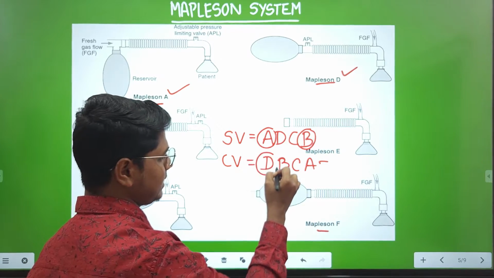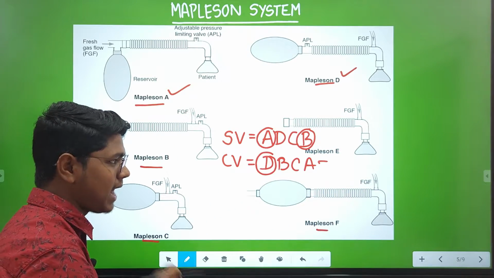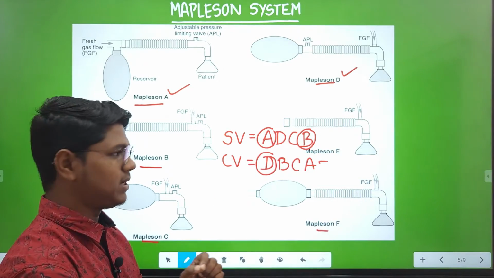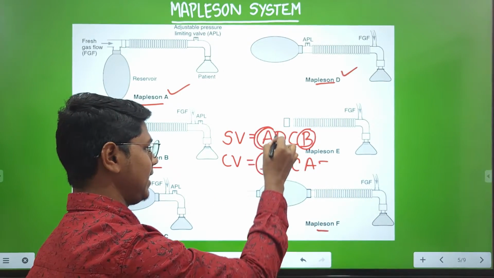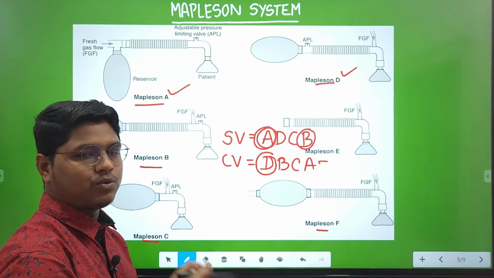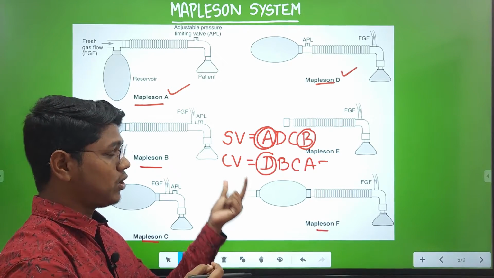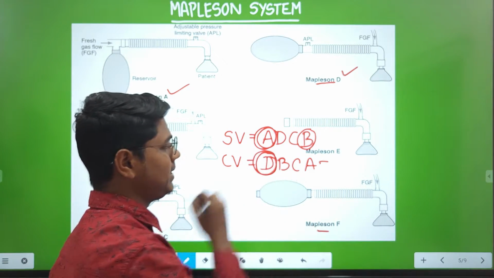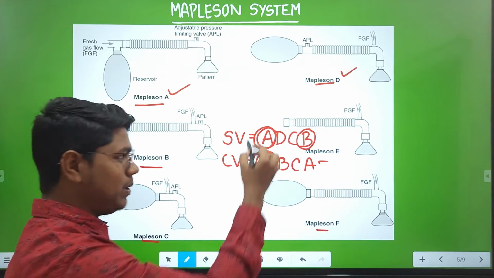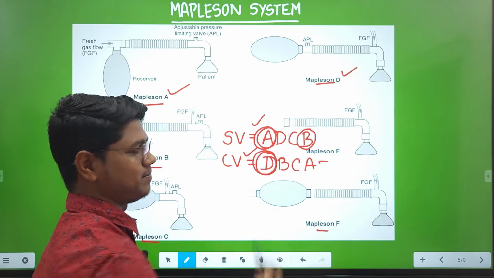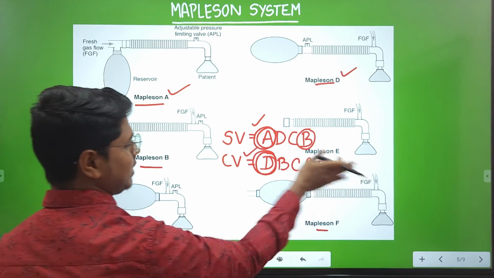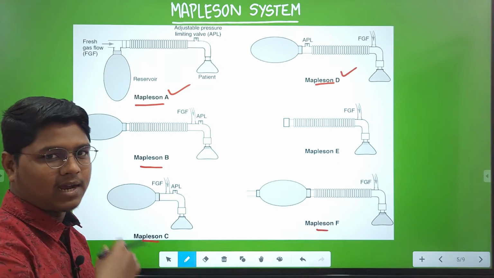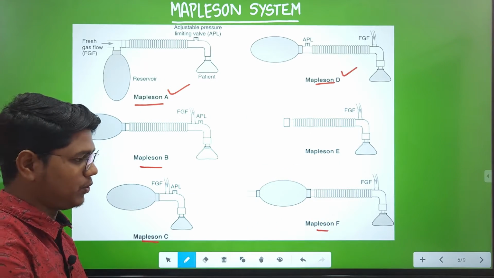The best one is D. So if someone asks among the Mapleson system which one is the best for spontaneous ventilation, answer will be A. If someone asks which one is the best for the controlled or assisted ventilation, the answer will be Mapleson D. So we will be studying the A and D. Remember this one, all dogs can bark and dead bodies cannot argue.